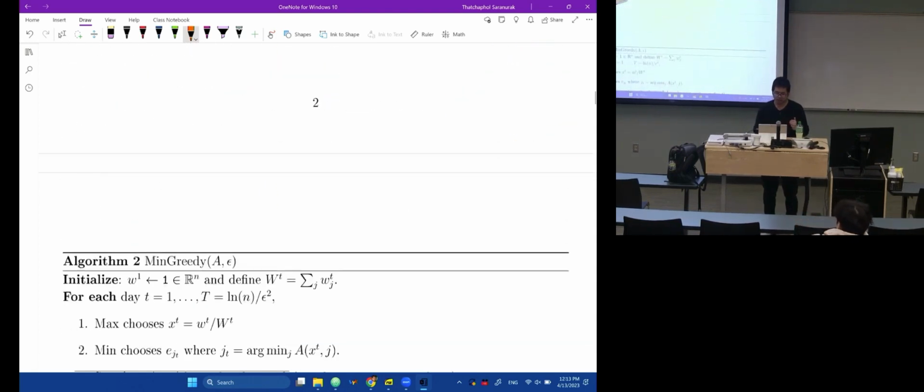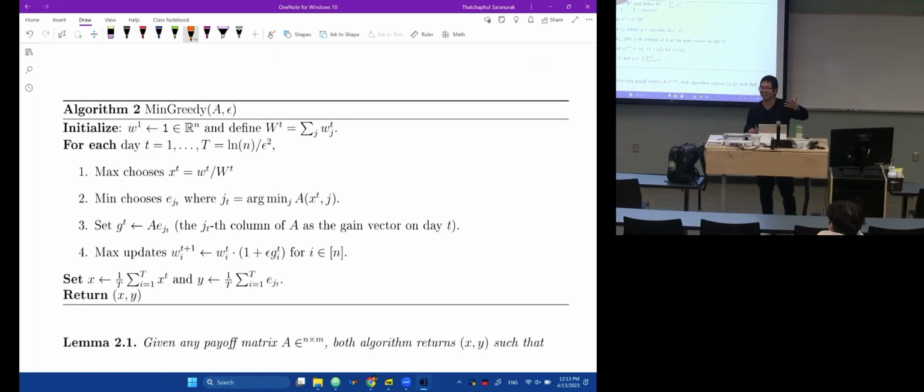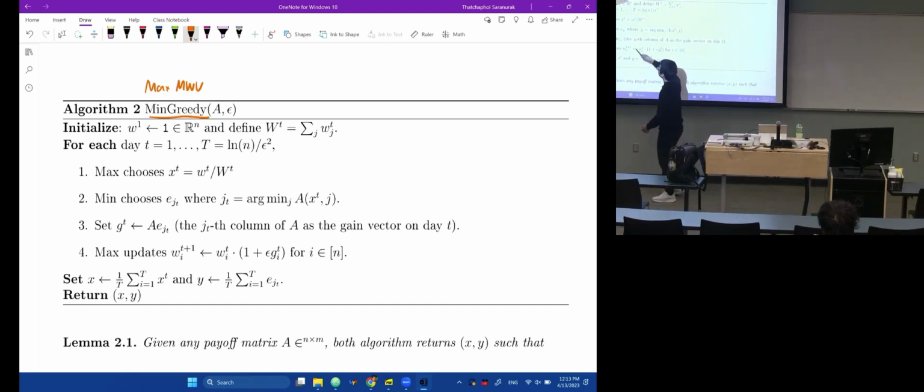Now you can talk about just a symmetric algorithm, where the min player is greedy and the max player does weight update. So here, the max player will choose the distribution of rows according to weight update. Then min will choose the best column response to this strategy x_t.